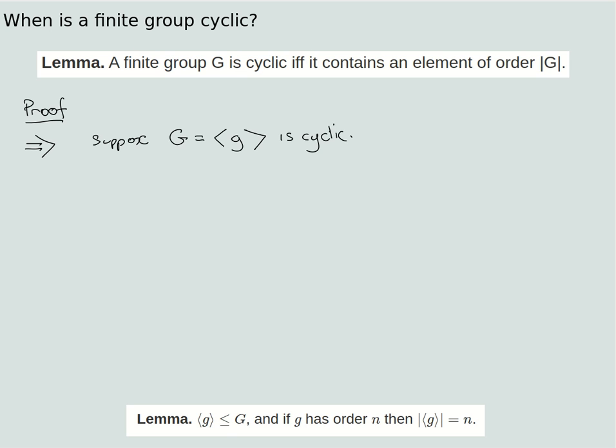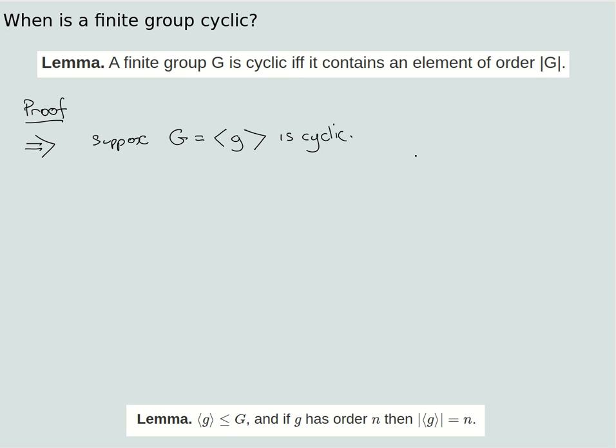Well, what can I say about the order of G? I've copied for you at the bottom of the screen a lemma which we proved in our lecture about orders and powers, and that says that the size of the cyclic subgroup generated by an element lowercase g is equal to the order of g.